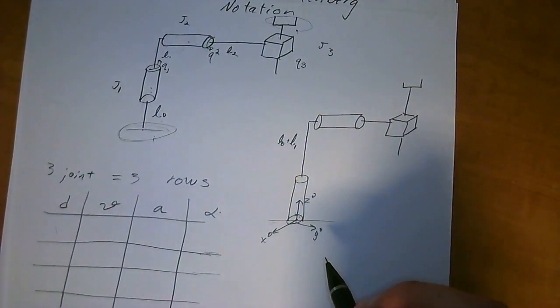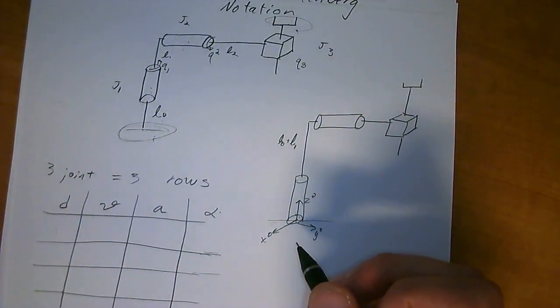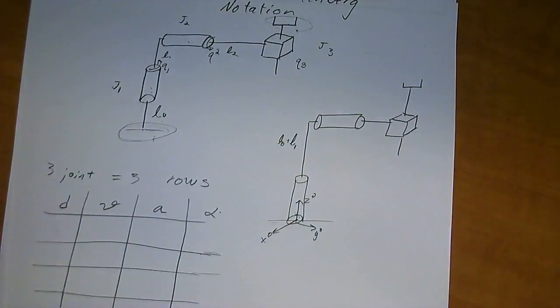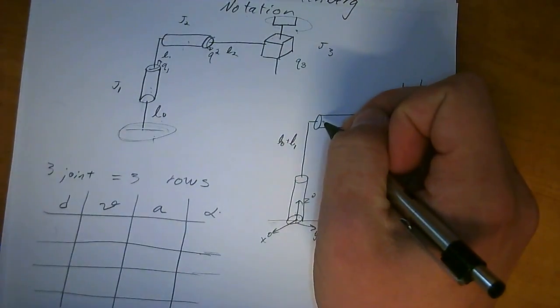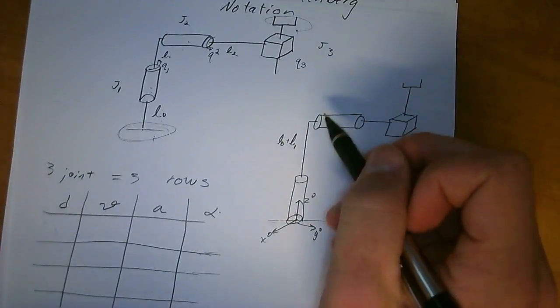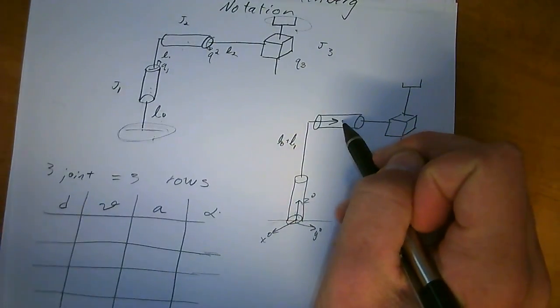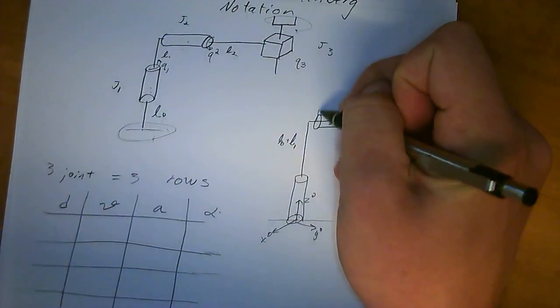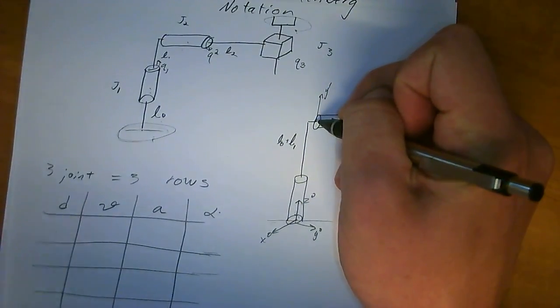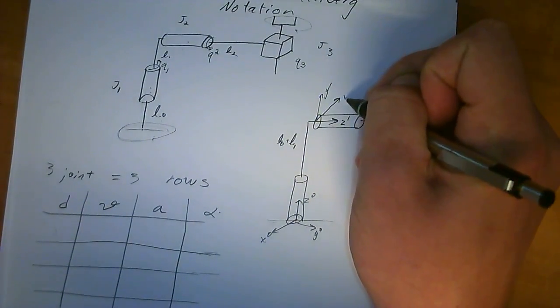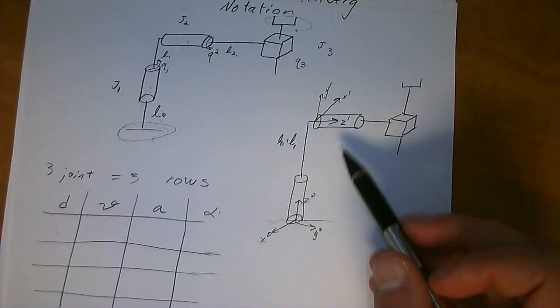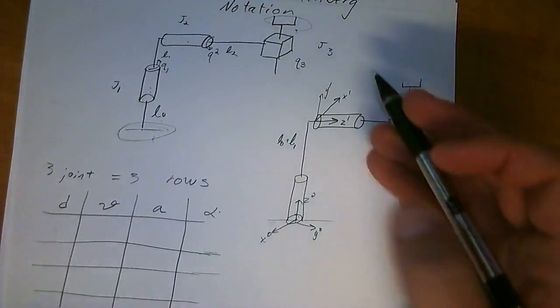And then y will always be in relation to the common normal and we'll talk about that in just a little bit. I'm going to go ahead and define this axis up here too. This is going to be Z1, Y1, and then back here is X1. Now how did I get that?